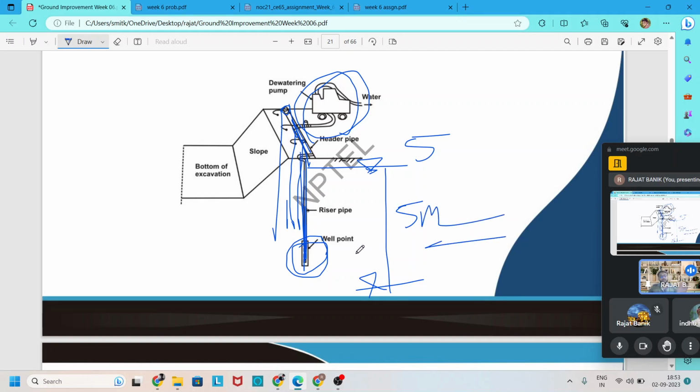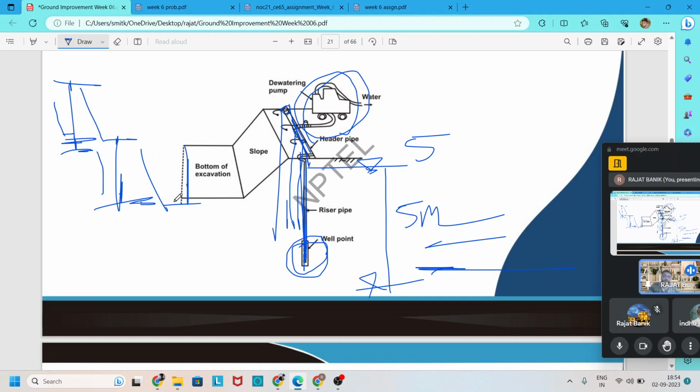To further reduce the groundwater, another stage, that means multi-stage, or a second stage, is inserted, like here. First stage is here, so it draws down or reduces the water up to that level. To reduce it further, we excavate up to that, and the second stage is here, so it further reduces the water table up to that.